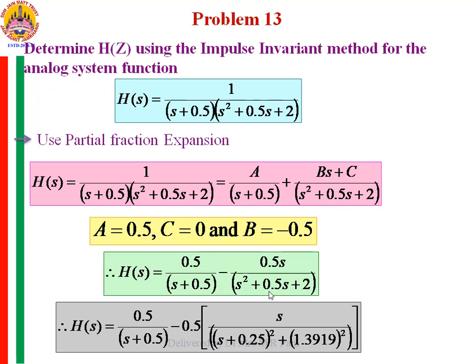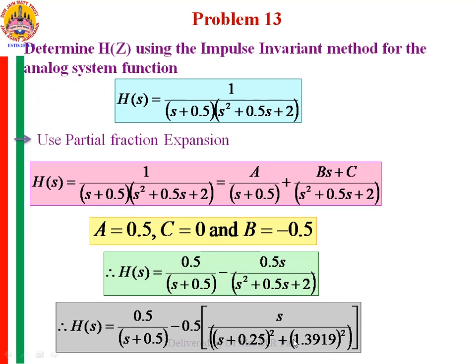So a is 0.25. So write this first bracket as (s plus 0.25) square. Now you have here 2. From this 2 you subtract 0.25 square. So whatever you remain with, take the square root of that, and that is your b. So take the b square.